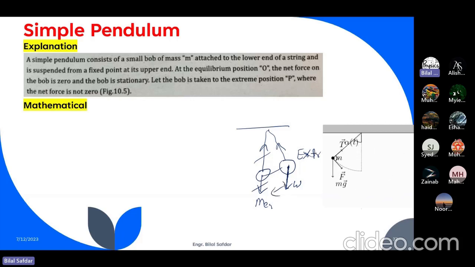That's why the ball is moving toward mean position. That's why we can say that the tension and the weight are opposite to each other. We have to divide this weight into its components.